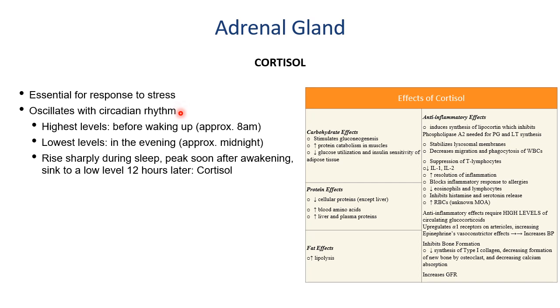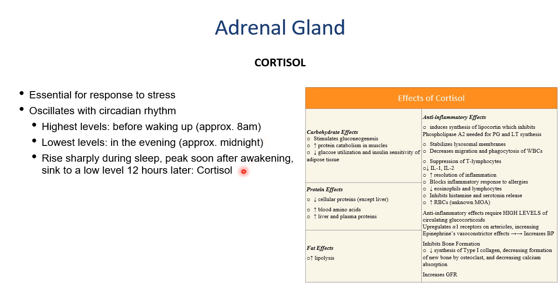But also, you have to take note that cortisol is released in a pulsatile fashion relative to the sleep-wake cycle. So it oscillates with the circadian rhythm. The levels of cortisol in the human body are highest just before waking up, approximately at 8 a.m., and lowest just before sleeping, approximately at midnight.